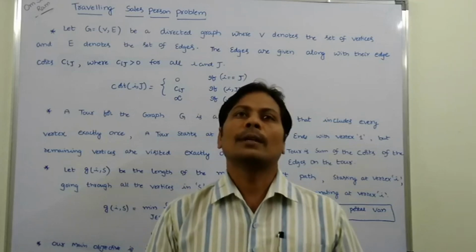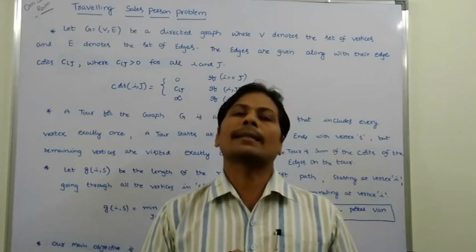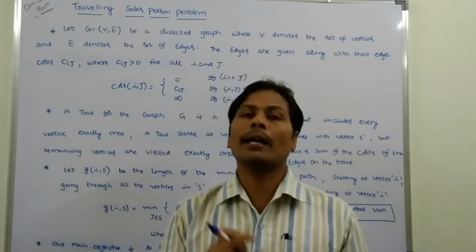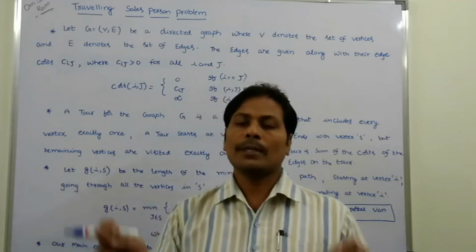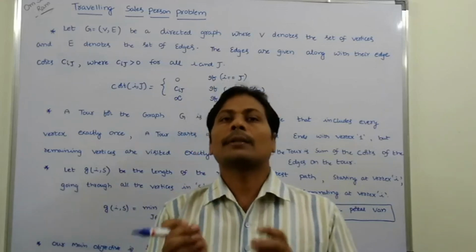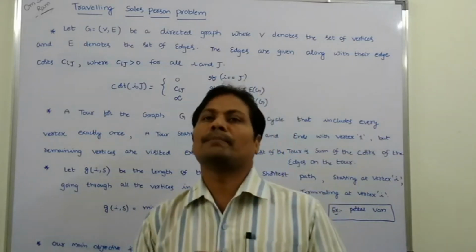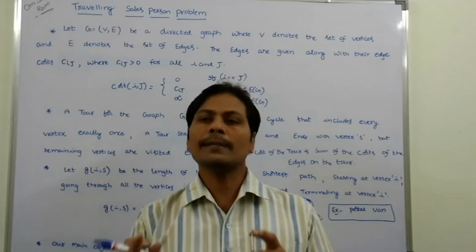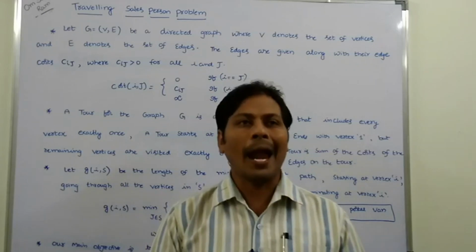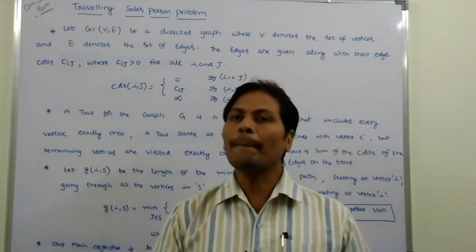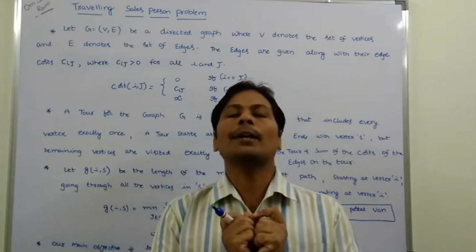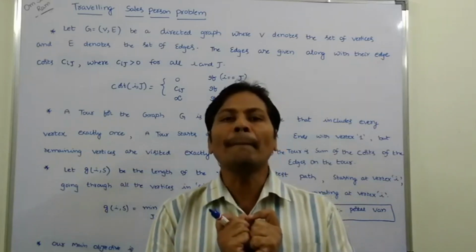It includes all the vertices visited exactly once except the starting vertex and ending vertex. So this is a complete tour. Our main objective is that the cost of the tour be minimum. So this is our main goal. That tour cost should be minimum. Here the optimal solution is to find the tour of minimum cost.